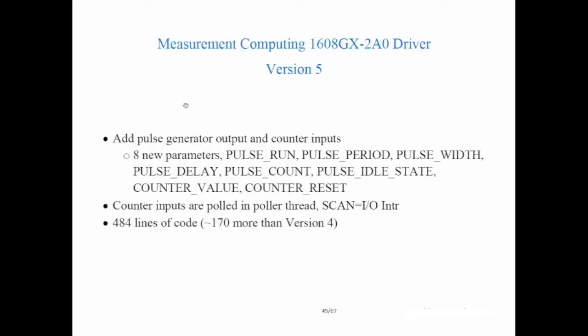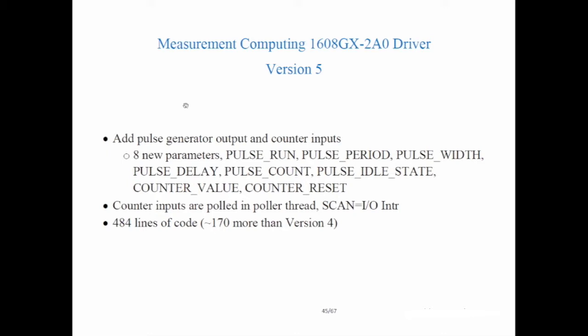Finally, we get to the last version, sort of the last simple version of the driver, and I'm not going to go through the full-blown version of the driver. This added basically support for the pulse generator output and the counter inputs. There are 8 new parameters: run the pulse generator, set the pulse period, pulse width and delay, and then the counter value and counter reset.